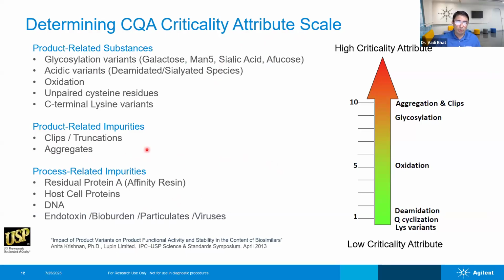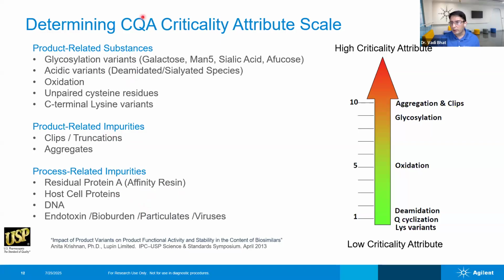When you look into the product, the monoclonal antibody alone, there are many things, as I mentioned: glycosylation variants, glycan variants, lysine variants. So many things are there, right? And of course aggregation and truncations, they are impurities, essentially product-related impurities, product-related substances, and of course we are not talking about it today, but also process impurities.